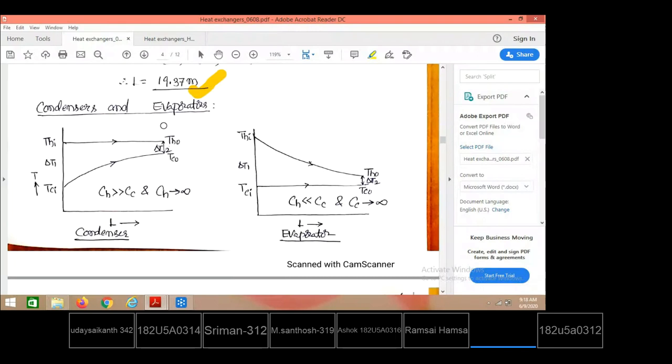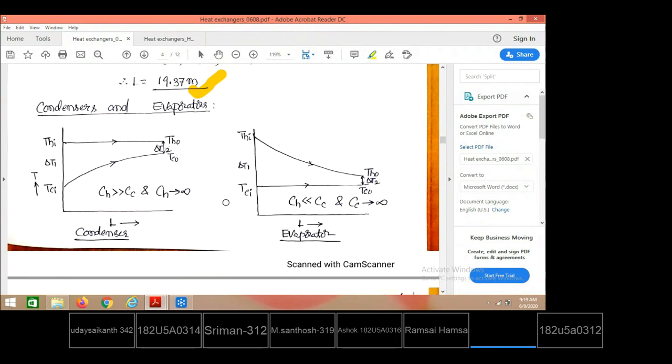In the case of evaporator, the hot fluid is maintaining constant temperature without the change of pressure. Whereas the cold fluid, when allowed into the evaporator, upon receiving heat from the hot fluid, increases its temperature.